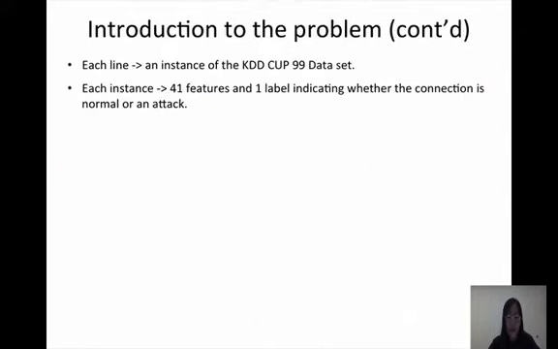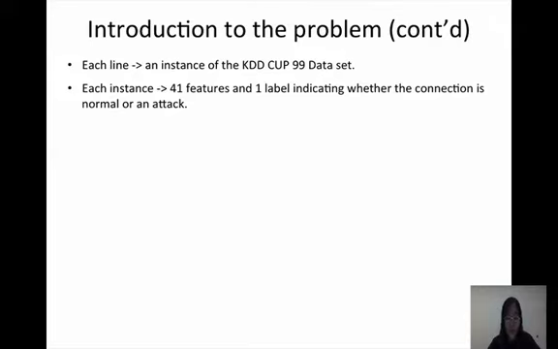For the dataset content specifically, each line of the dataset represents an instance of the KDD Cup 99 dataset, which is a connection that includes a sequence of TCP packets starting and ending at some well-defined times, between which data flows to and from a source IP address to a target IP address under some well-defined protocol.